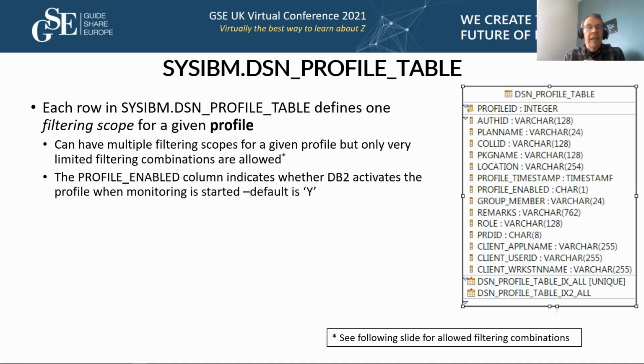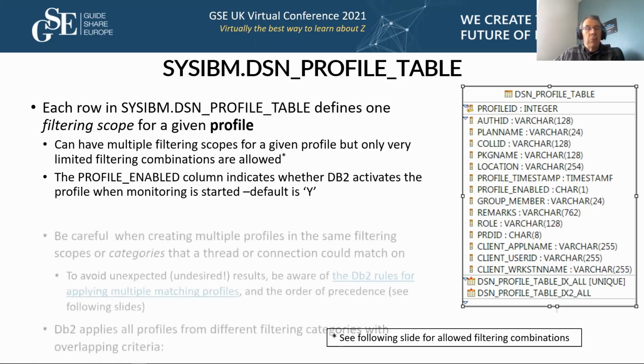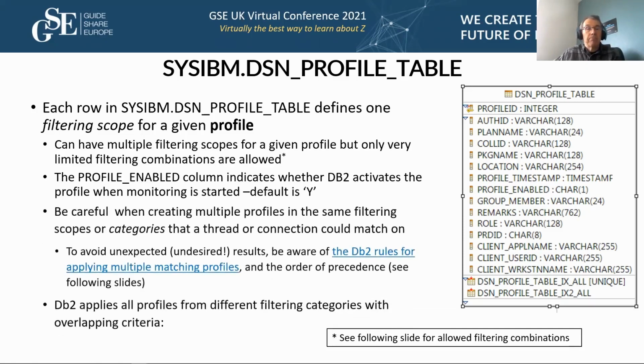So the important thing here is the profile enabled column indicates to DB2 whether or not to activate that profile when monitoring is started or modified. And the default value for the profile enabled column is Y. So by default, if you insert a row into here and don't specify a value for profile enabled, that will be started.